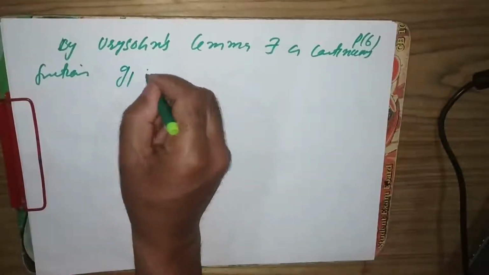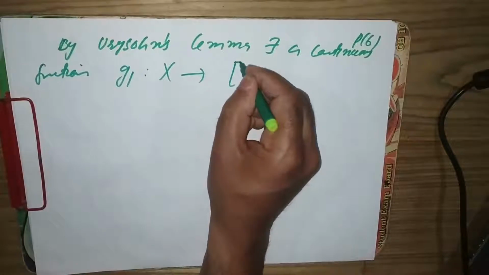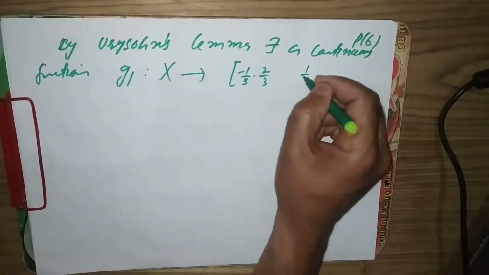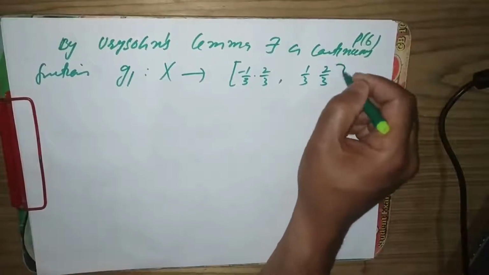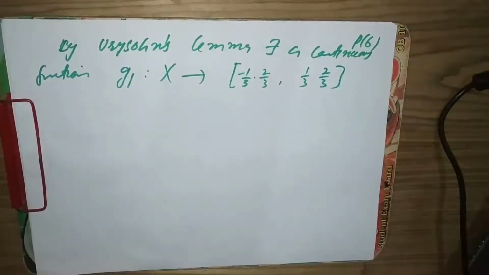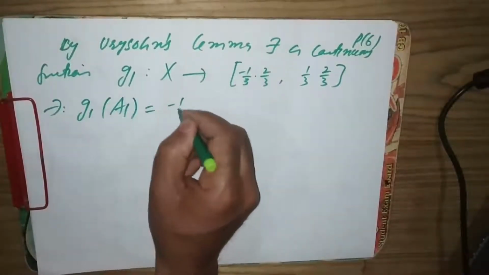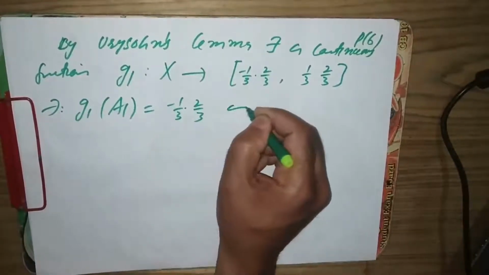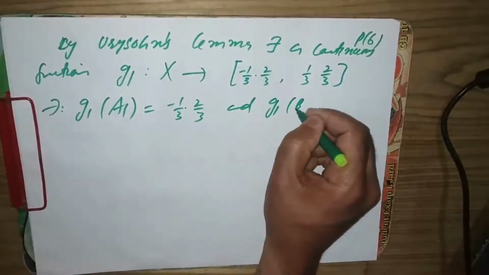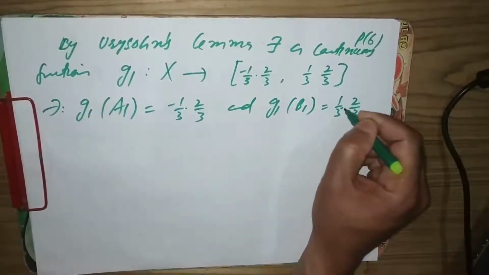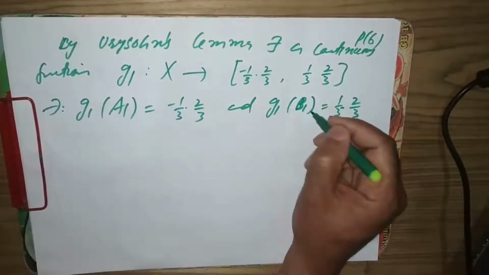There is a continuous function g1 from x to the closed interval minus 1 by 3 into 2 by 3, 1 by 3 into 2 by 3, such that g1 maps each point of a1 onto minus 1 by 3 into 2 by 3 and each point of b1 onto 1 by 3 into 2 by 3.